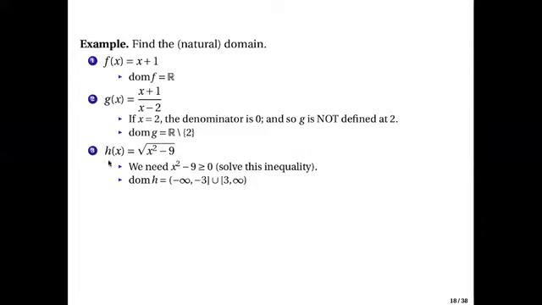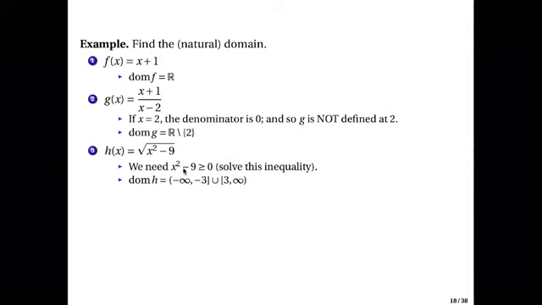So if we want to solve for the domain of h, we require x squared minus 9 to be greater than or equal to 0. So try to solve this inequality. I already showed you how to do this with x squared minus 1 greater than or equal to 0. You do a very similar solution.